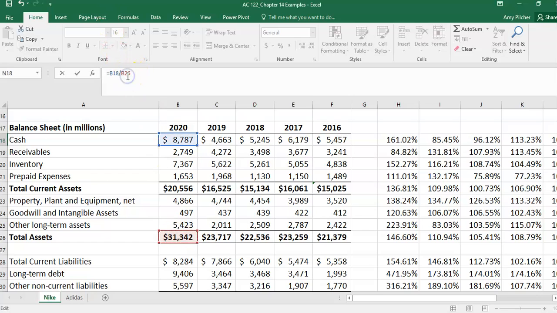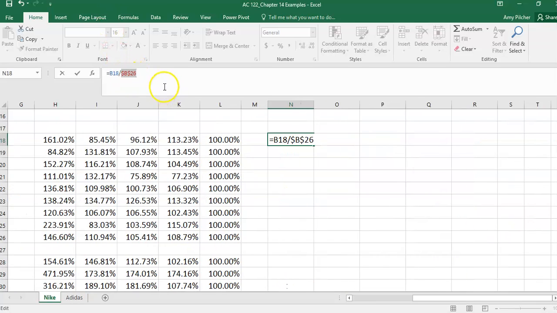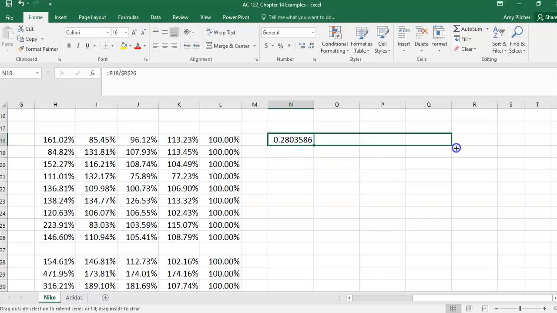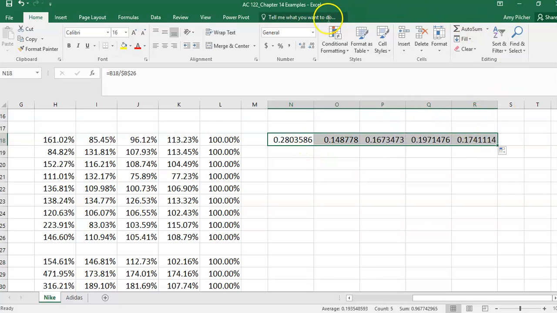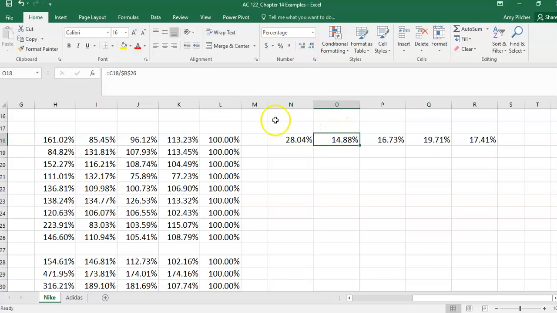We will lock that total assets cell so that we can copy and make it faster in Excel. So bring that over for 5 years, change it to a percent. Also, because I copied from a locked cell, I have to change that cell reference.